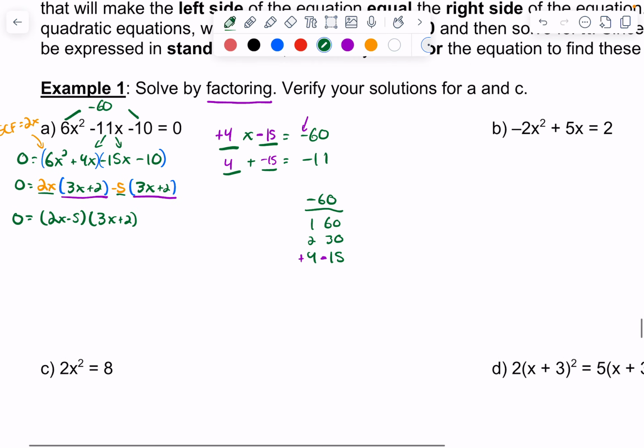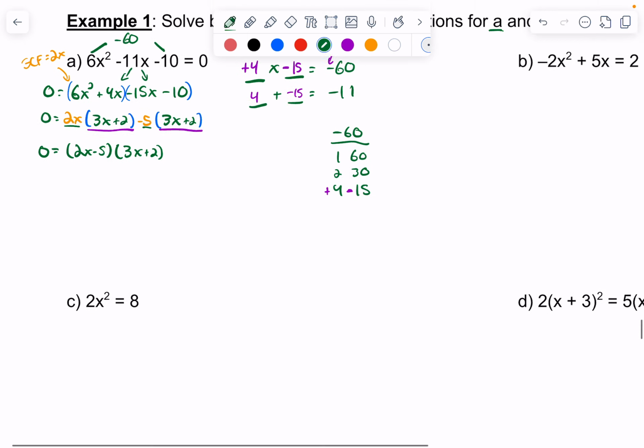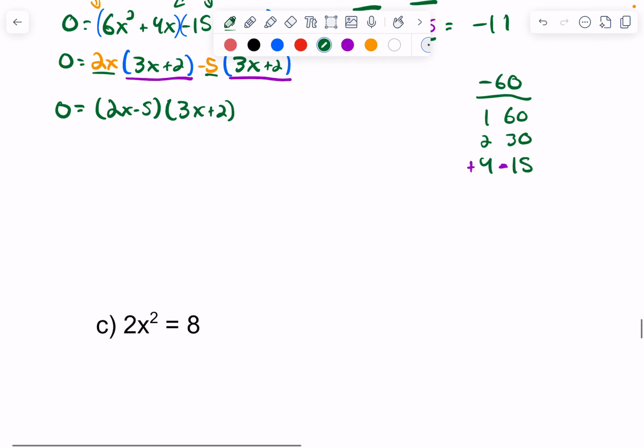But we need to verify a solution for A and C. So verifying our solution, oh, and actually, sorry, we didn't even get a solution. I kind of stopped at the factored form. So then we keep going, and we need to say 2x minus 5, when is that 0? We'll bring the minus 5 over, 2x equals 5, divide both sides by 2.